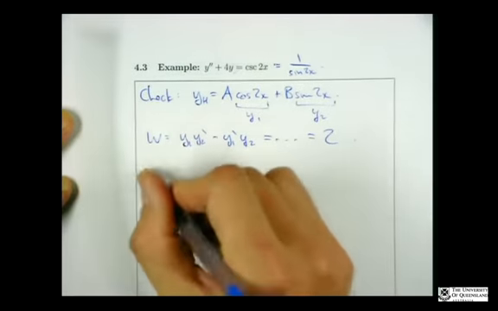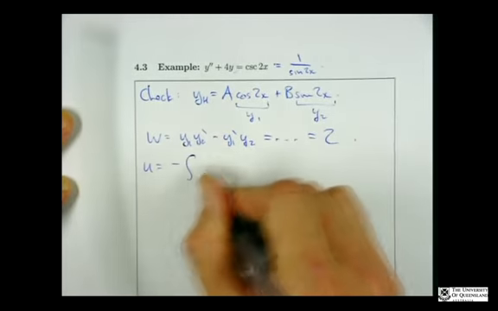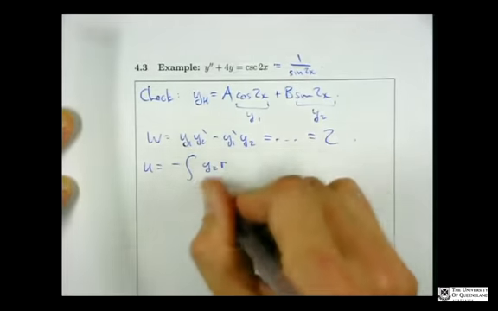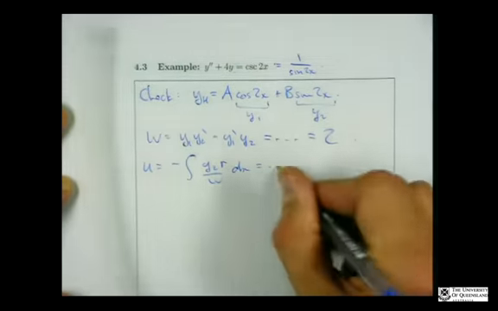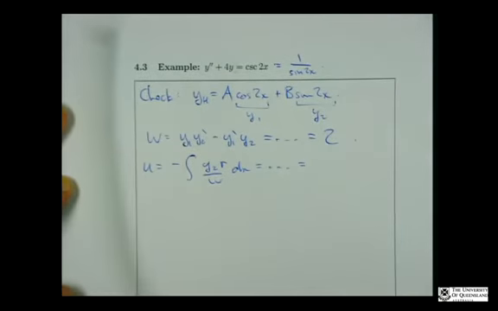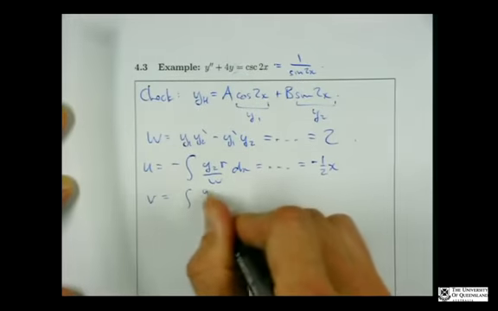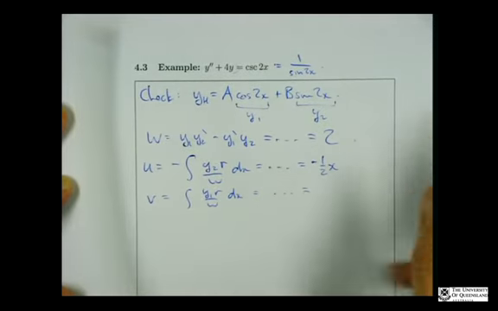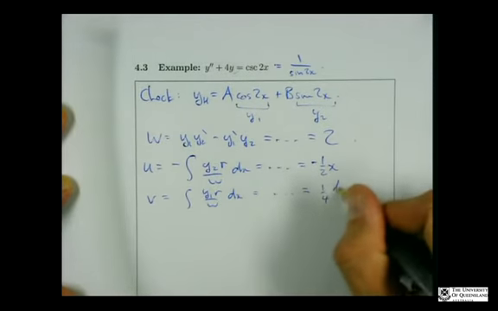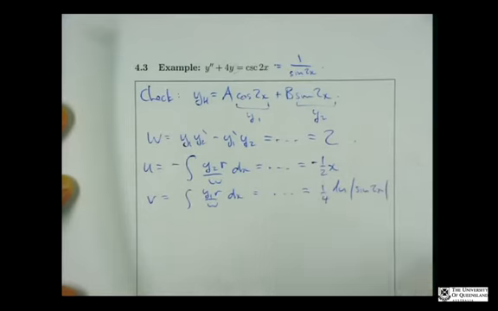And so the integral formulae, negative y2 r on w, just evaluates. I'm just summarizing here, okay? I'm not going to go through the details of the calculation. But the coefficient function u works out to be negative 1/2 x, and v works out to be 1/4 of the log of sin 2x.